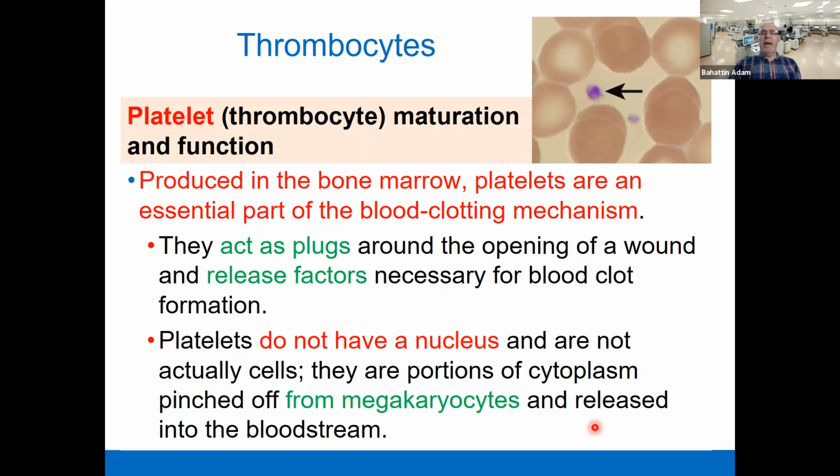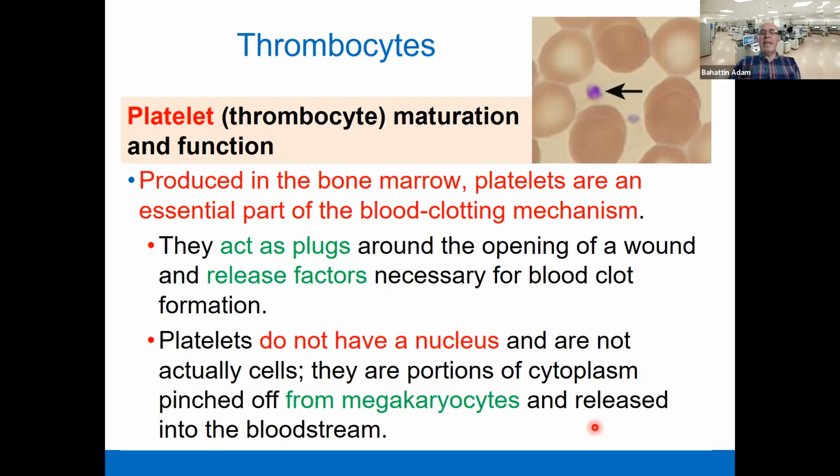They act as a plug, accumulating around the opening of the vessel, and they also release factors which are necessary for blood clot formation.